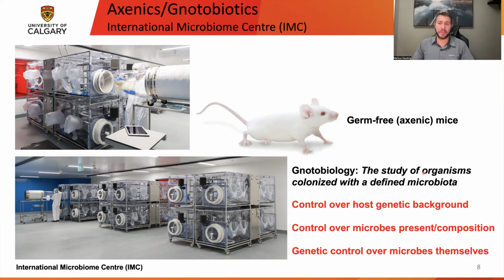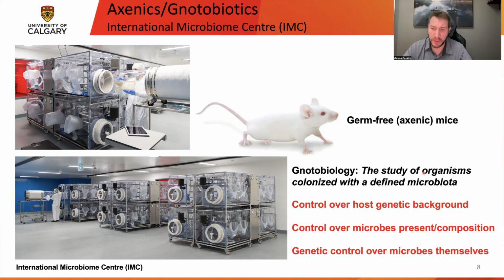Now, this setup gives us really strong experimental control over the conditions in which we perform our experiments. By using inbred laboratory mice, we obtain control over the host genetic background. We can also use knockouts, knock-ins, reporter mice, fate mice. All those tools are available to us.